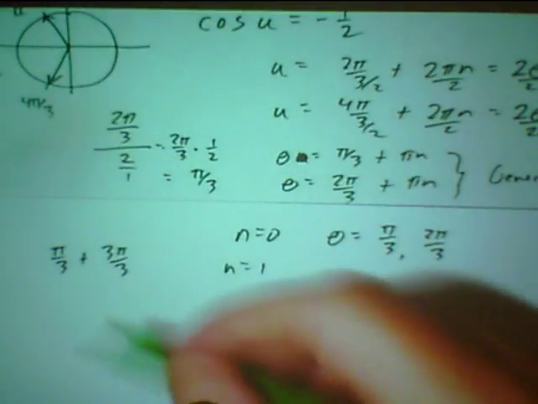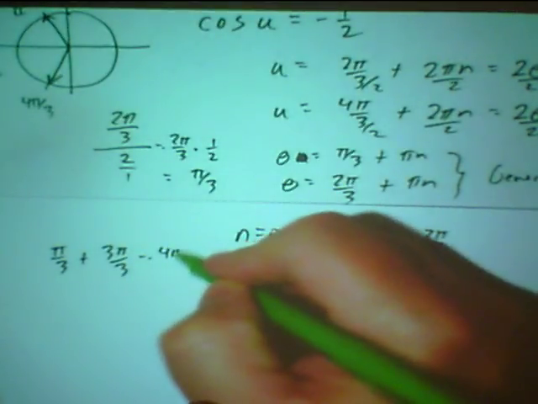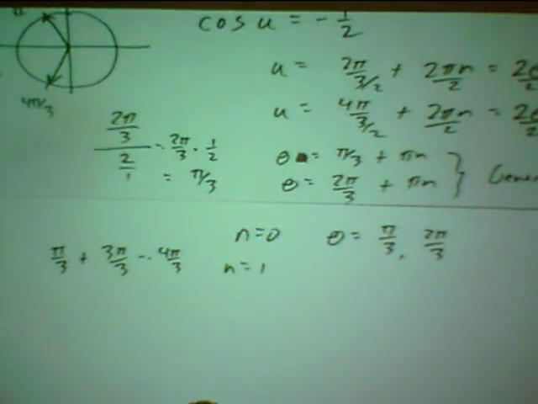So that ends up being 4 pi over 3, which is still less than 2 pi. So that's another solution. And when I plug in n equals 1 into my second equation, 2 pi over 3 plus pi, that's actually 5 pi over 3, which is still less than 2 pi.